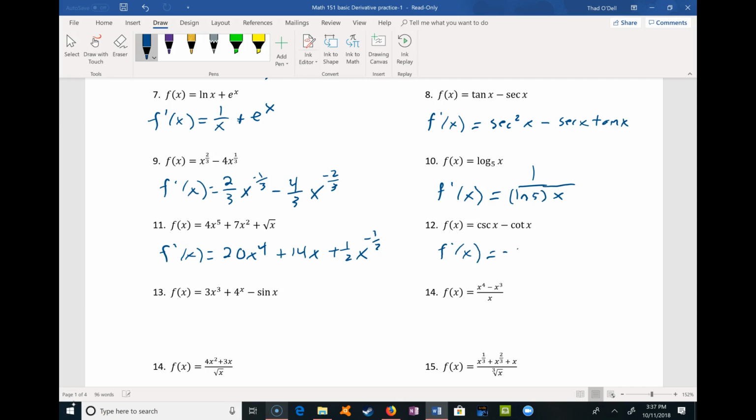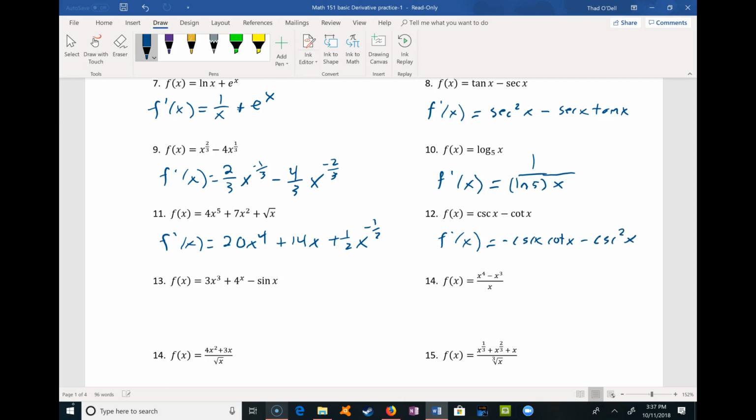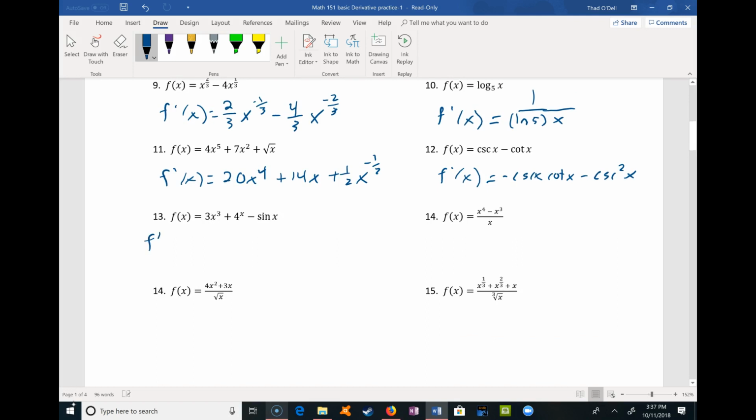That would be negative cosecant x cotangent x minus cosecant squared x. This is a hodgepodge of problems here. We got power rule, exponential rule, and sine. So the first one is the power rule. This is the exponential rule. Don't let it get confused with the power rule. And then finally, we got cosine x.